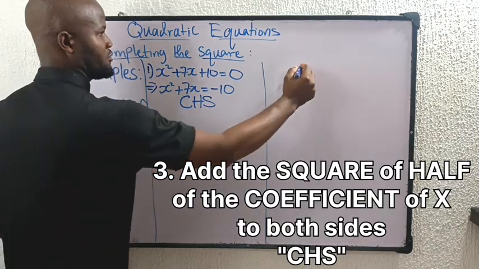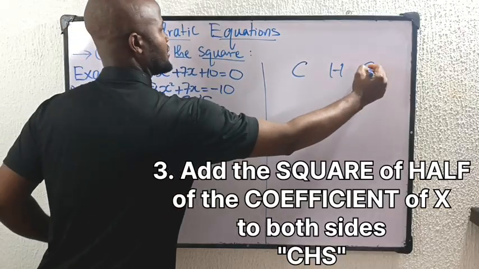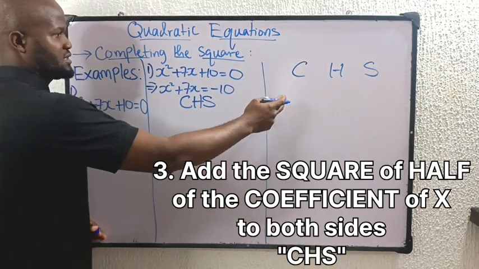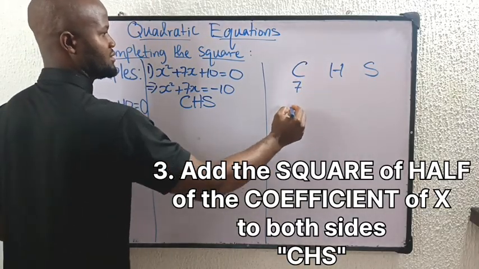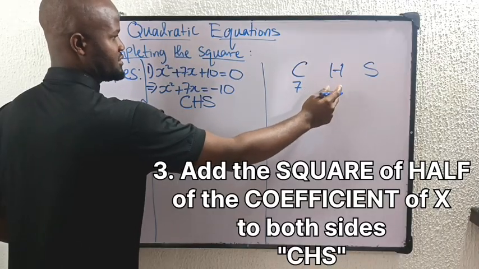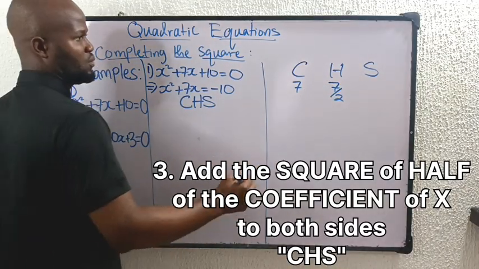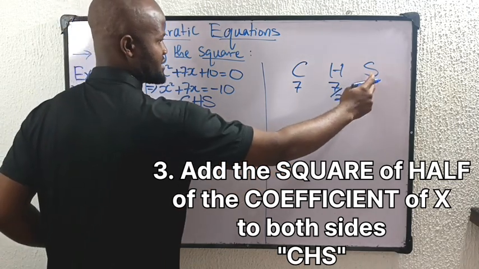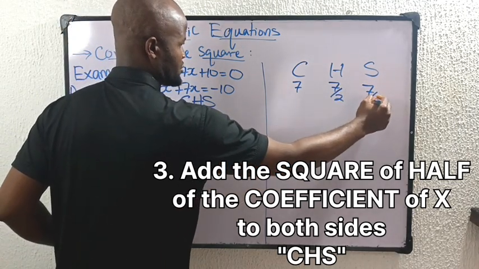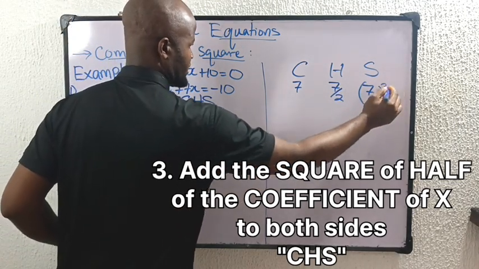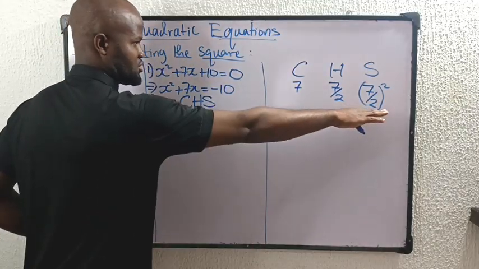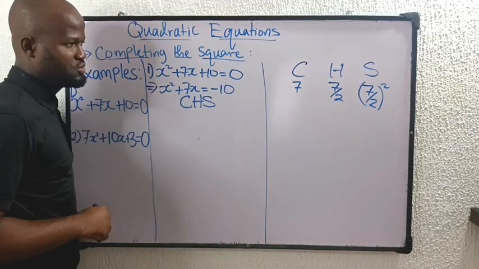So let me do that on my rough work here. What's the coefficient of x? The coefficient of x is 7. And what is half of 7? That is 7 over 2. And what is the square of 7 over 2? Which is 7 over 2 all squared. I'm not going to process this just yet because of what I'm going to use it for.